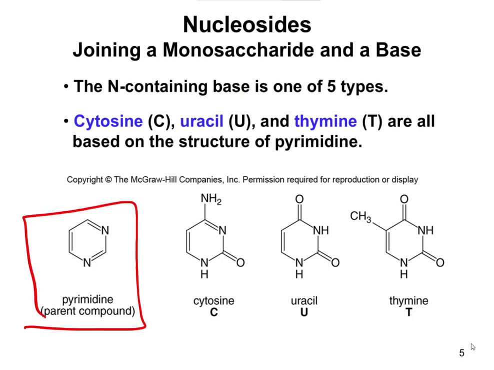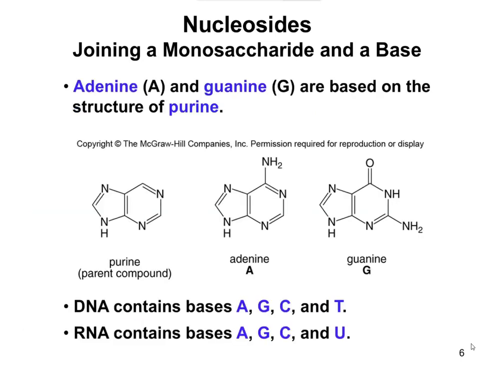So these are the bases that are all pyrimidines, and they have 1 ring. All right. Now we compare that to purines on this slide. Notice that purines have 2 rings. So purines are going to be A and G. All right, so purines, 2 rings are going to be A and G, and pyrimidines have 1 ring.